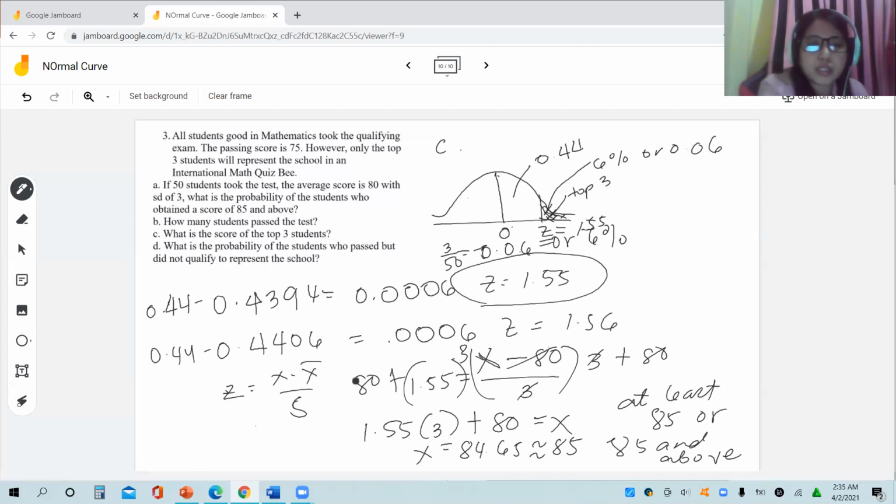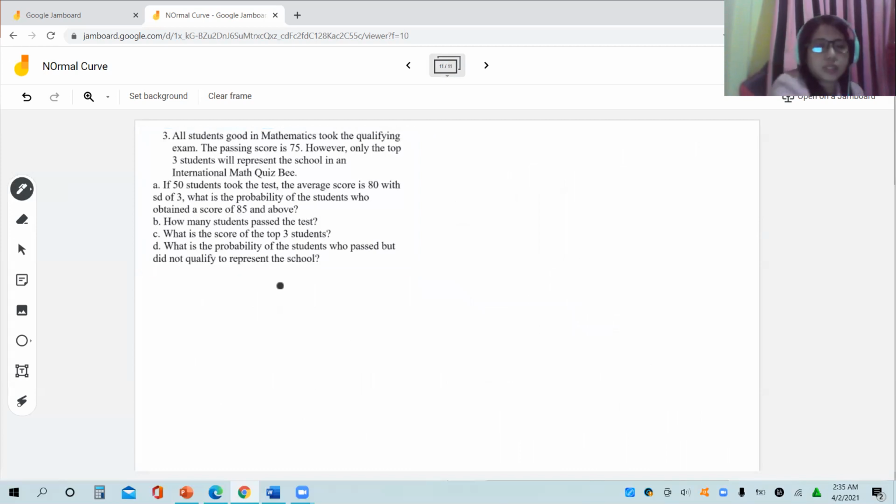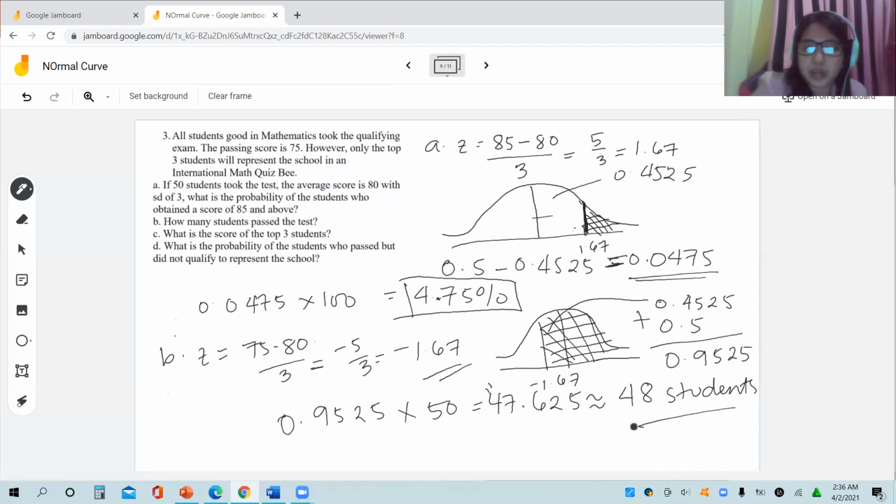And then, what is the probability? So let us move to problem letter D. So let us again select this. What is the probability of the students who passed but did not qualify? So remember that we have a problem here that asks the question, how many students passed? That is letter B. So going back to our answer to letter B, the answer is 48 students.